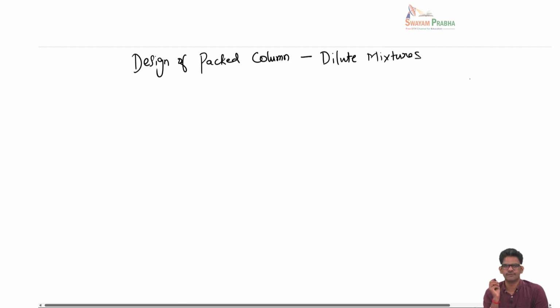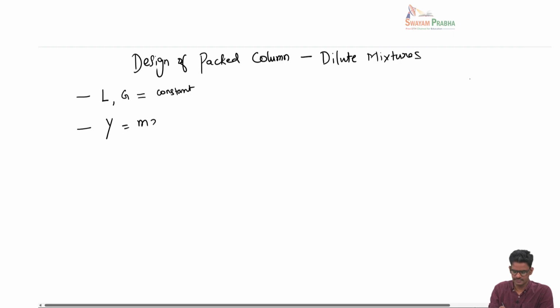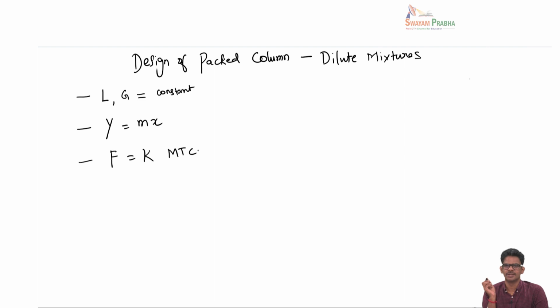The assumption of dilute mixture makes us assume that the liquid and the gas flow rates are nearly constant across the column, and that we can use a linear equilibrium line, and that the F type and K type mass transfer coefficients can be used. Okay, so these are some of the approximations we can make when we deal with dilute mixtures or dilute solutions.